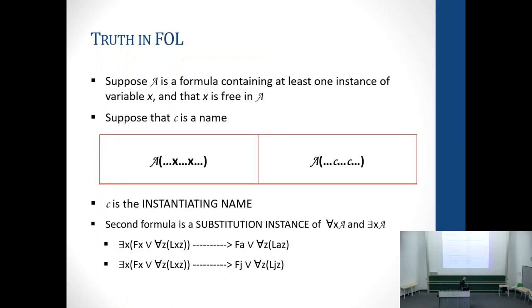So the explicit formulation of what we're doing here. We have some formula A. It's a formula containing at least one variable, say x, that's free. We can then do what we'll call an instantiation or a substitution. Replace every occurrence of the variable with some name. So we just basically take the variable and plug in whatever name you want. This gives us a substitution instance.